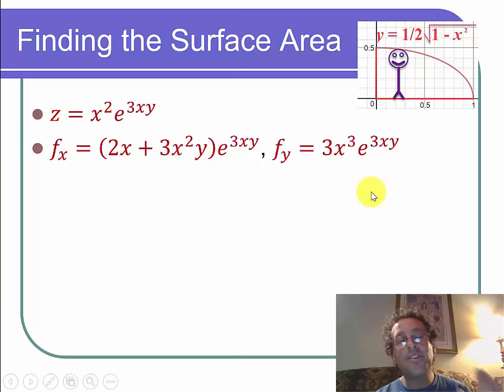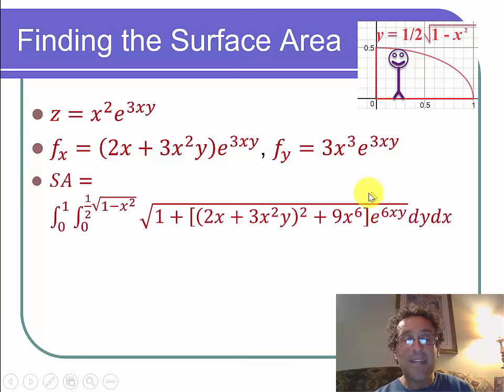Now I can use the definition of surface area and say that the surface area is equal to the integral from 0 to 1, because the little man walks to left to 0 and right to 1. The integral from 0 to 1/2 times the square root of 1 minus x squared. And then comes the square root of 1 plus the square of the x derivative plus the square of the y derivative.